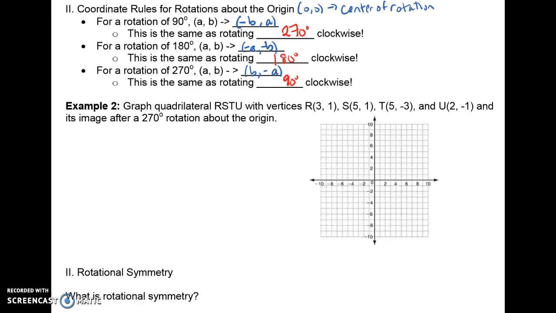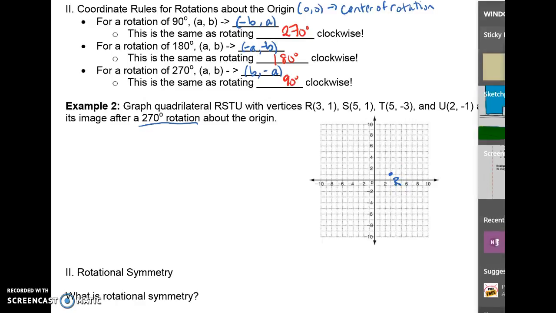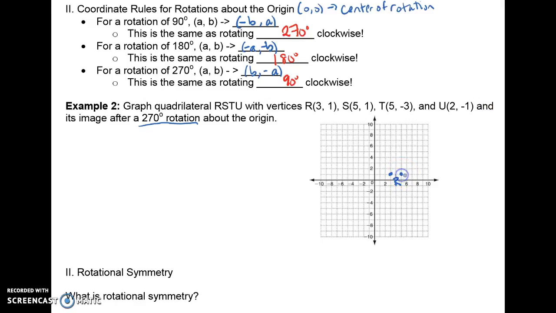Okay, so let's take a look at example 2. What I want to do is take this pre-image, this quadrilateral R, S, T, and U, and rotate it 270 degrees about the origin. So let me go ahead and draw my pre-image first, being very careful, especially when the grid is so small. We want to make sure we don't misplot.